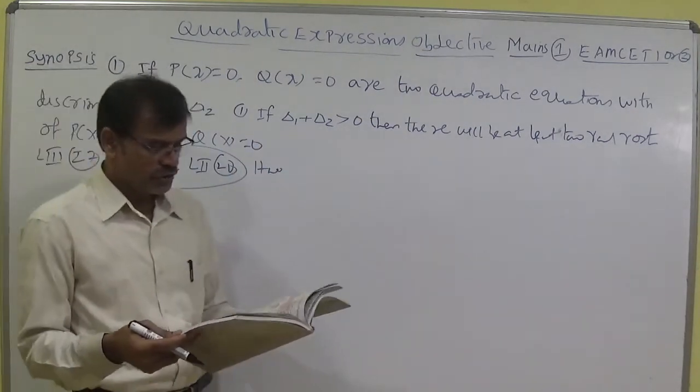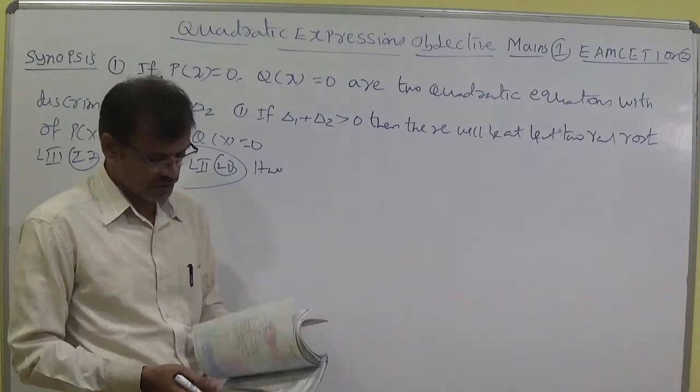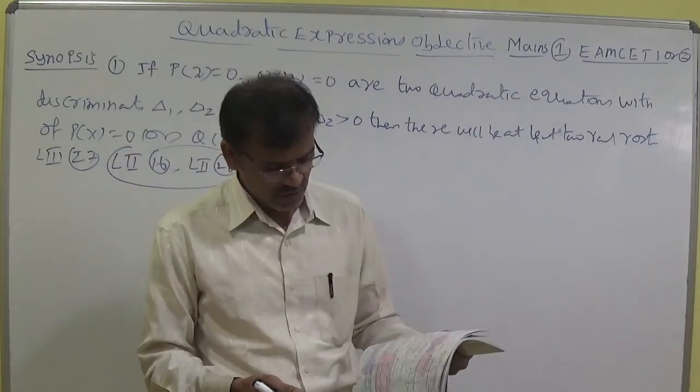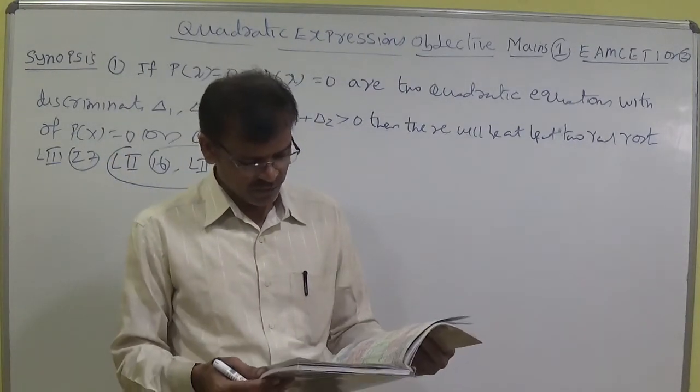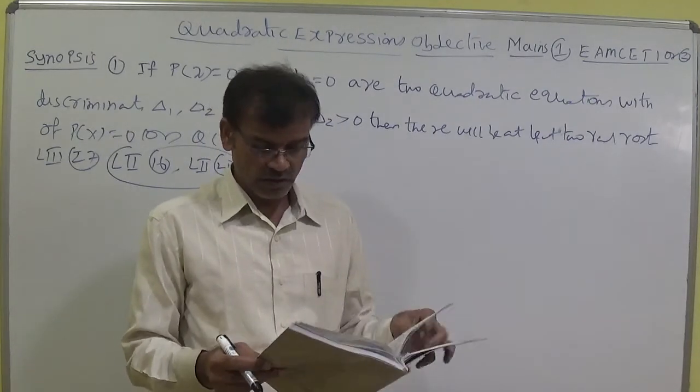Let us discuss the level 3 question 27 based on this theory. I think there is a printing mistake regarding the answer, an option mistake. First of all, we should verify whether the mistake is there or not.